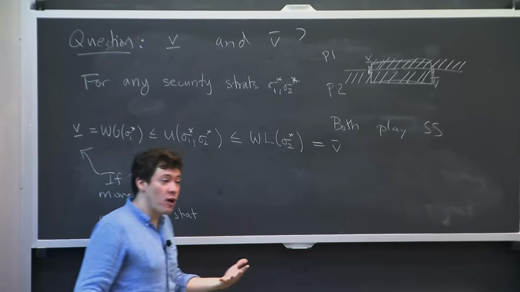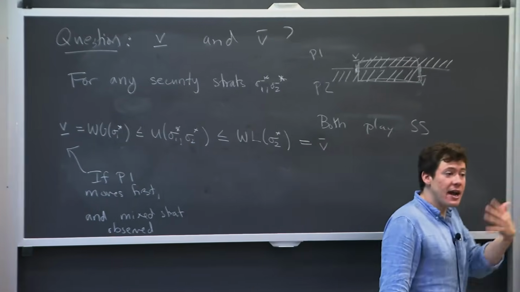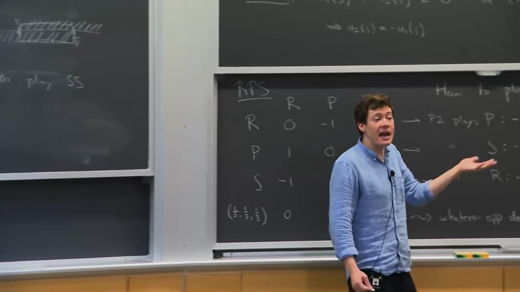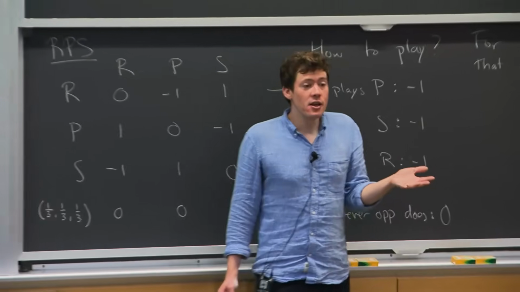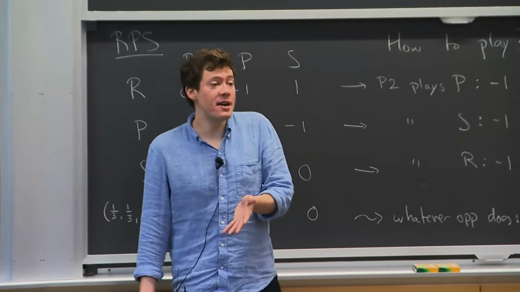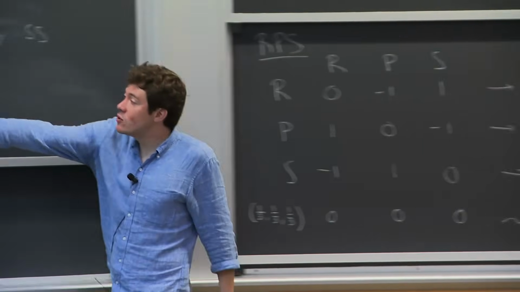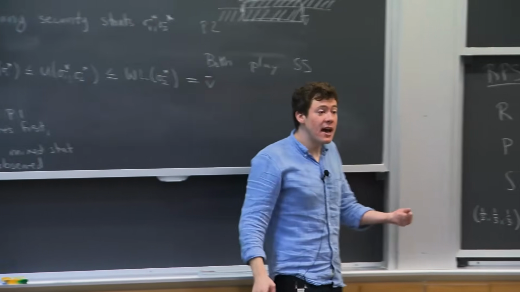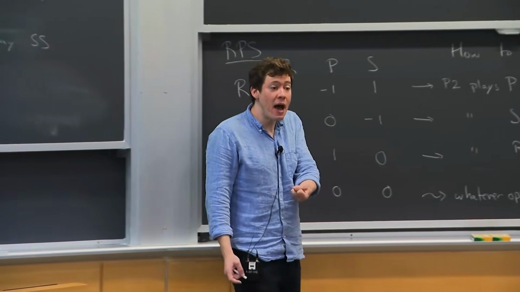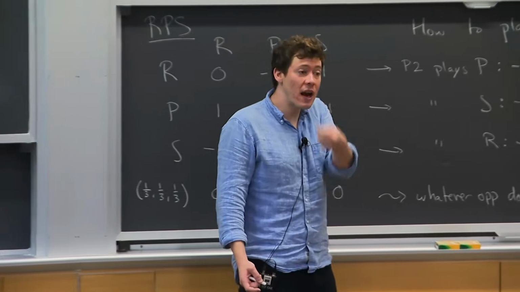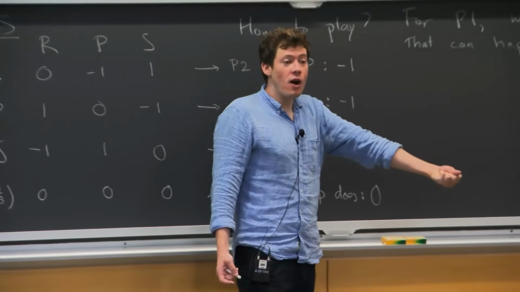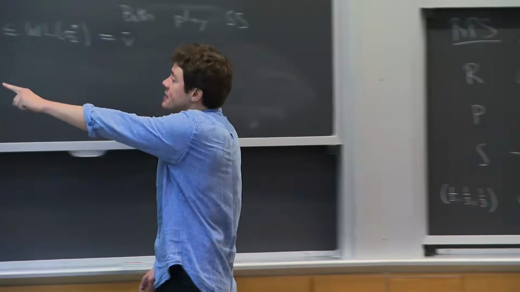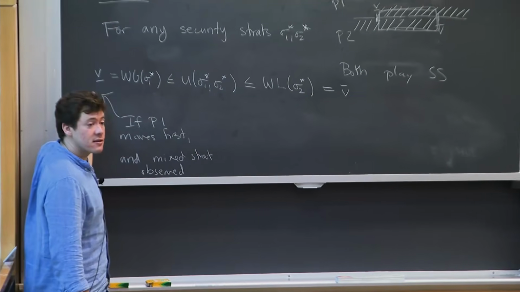Why? Well, if I'm player 1, and I go first, and I choose sigma 1 star, and my opponent can see that, well, my opponent and I have exactly misaligned interests. So my opponent is going to try to minimize my gain. And that's exactly what the worst case gain from sigma 1 star captures. And if I anticipate that, I want to choose the strategy that will do best, taking into account the fact that when I do it, my opponent is going to choose the strategy that makes me as worse off as possible. And that's exactly what V lower bar represents.